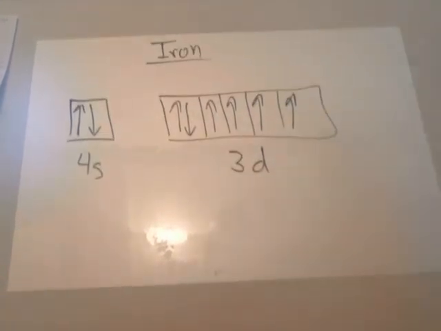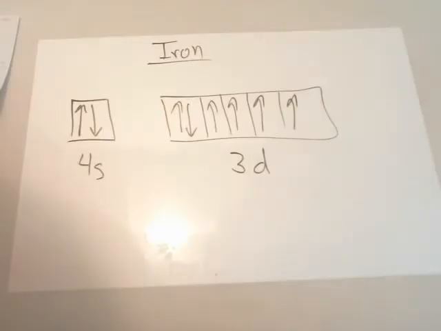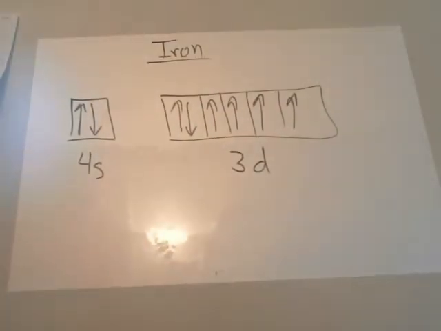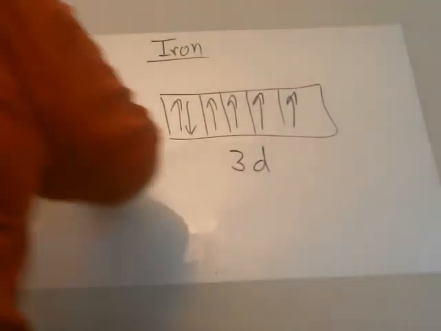Alright, I'm going to do one more out, and this one's going to involve some F elements. So I'm going to choose lead. So lead is in the 6th energy level, so I need to show all the electrons that are in that 6th energy level.